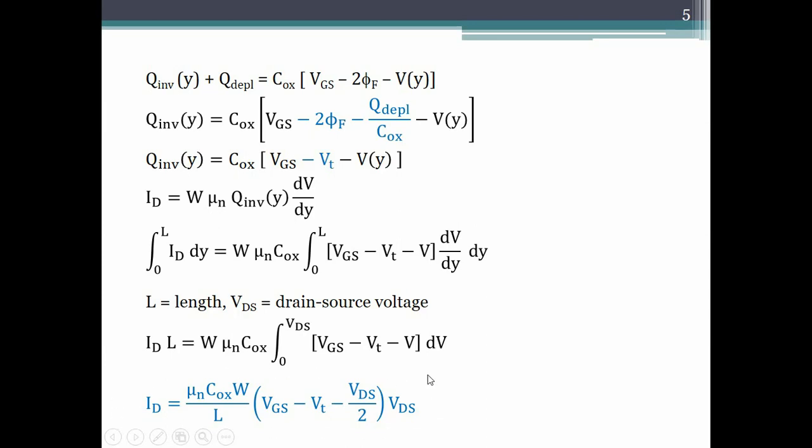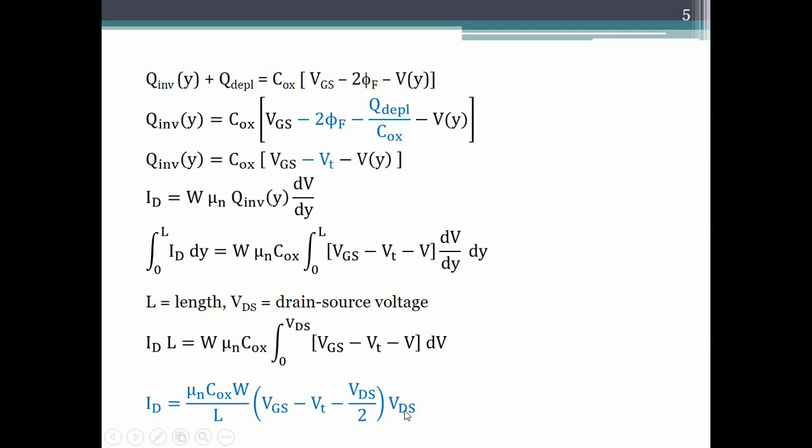So this is the simplest mathematical model for the drain current of a MOSFET. Alright, ID equal to mu Cox W by L, VGS minus VT minus VDS by 2 into VDS.